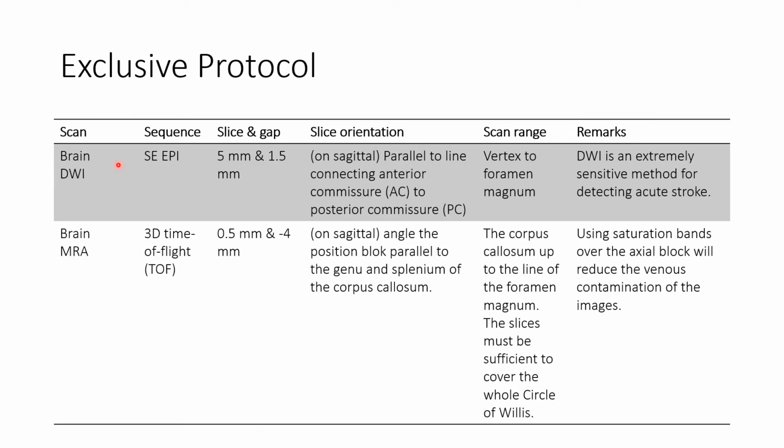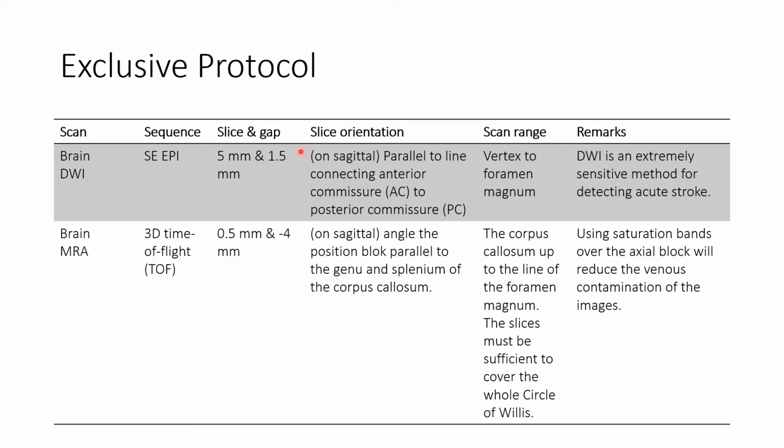In this study, we perform additional protocol scanning, what we call the exclusive protocol, which is a brain diffusion weighted imaging, with echoplanar imaging or EPI, with a slice thickness of 5 mm and 1.5 mm slice gap.